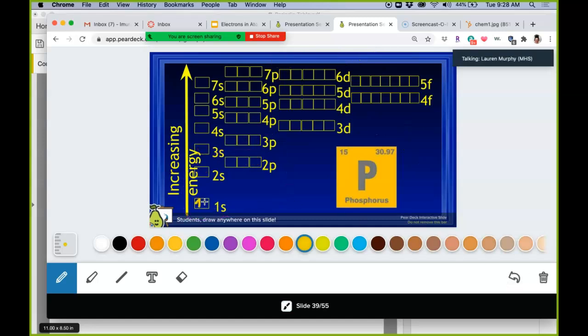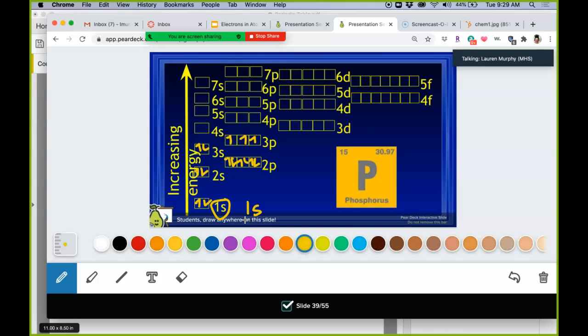Okay, so this is orbital notation. Electron configuration is just you reading this. So electron configuration is going to be this.